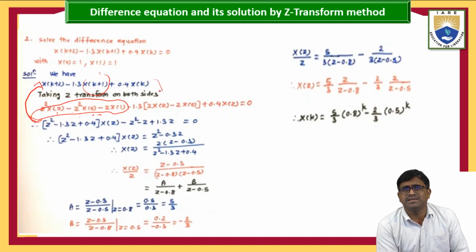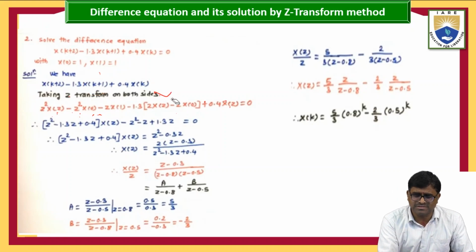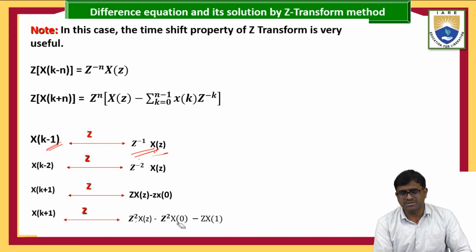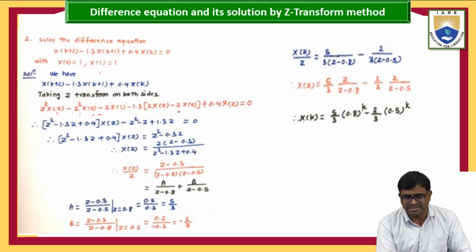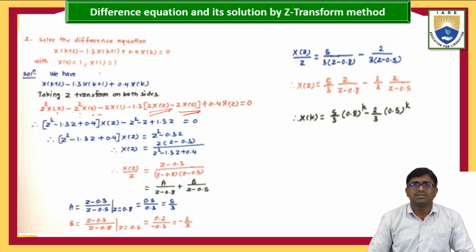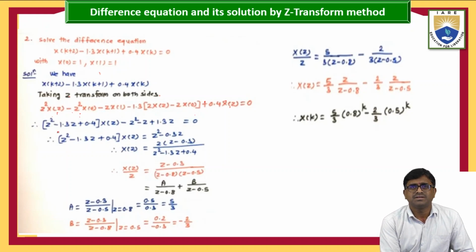Plus 0.4 into X of z, which is the same since the power is zero. I have already explained these formulas: this is the first term formula, this is the second term formula, z into X of z minus z into x of 0. That is the shifting theorem property you are applying here. Now take X of z as common for the total equation.